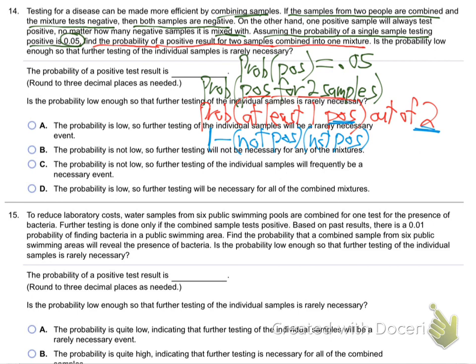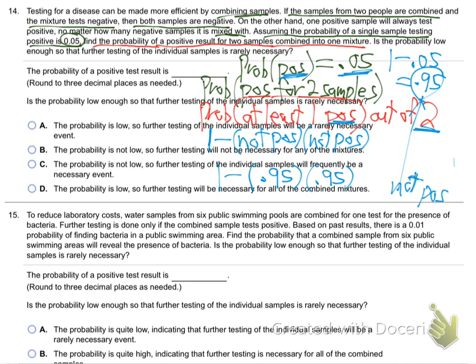And what's the chance of not positive? 0.95, because the chance of positive is 5%, so the chance of not positive is 95%. So it's 1 minus 0.95 times 0.95.